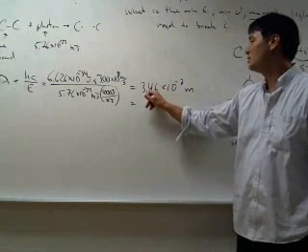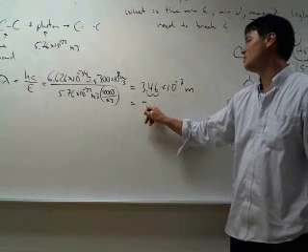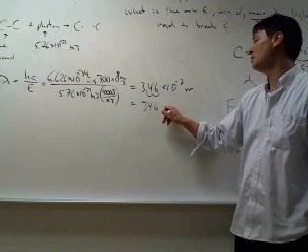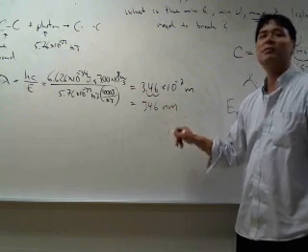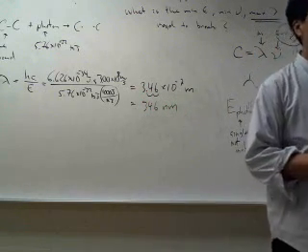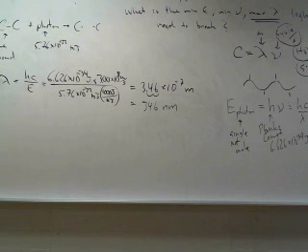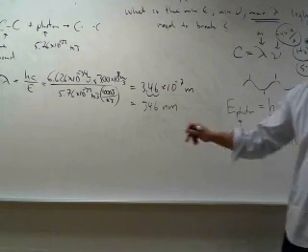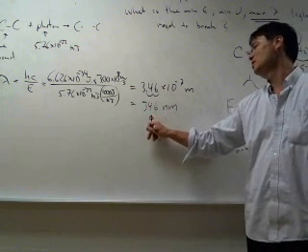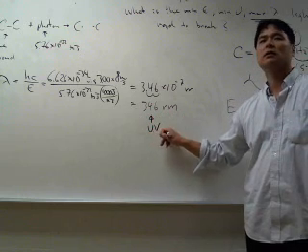So if I want to convert this to 10 to the minus 9, I'm going to move the decimal 2 over. So this is going to be 346 nanometers. What kind of light is that? This is near UV. This is UV.